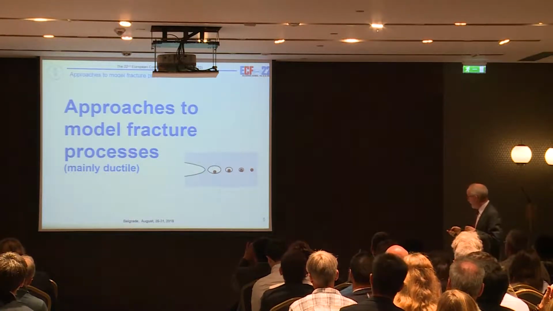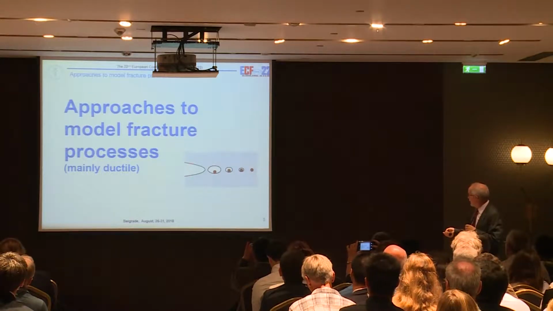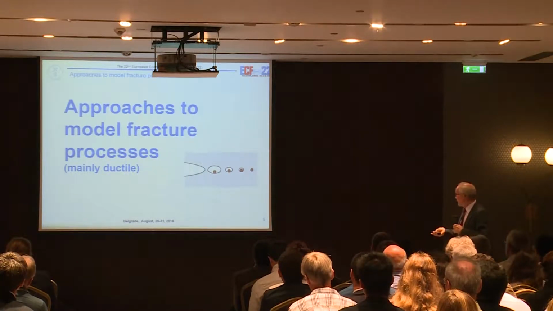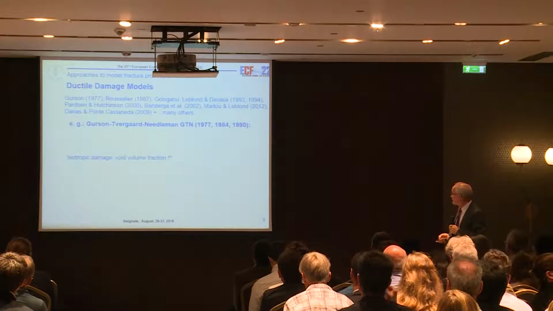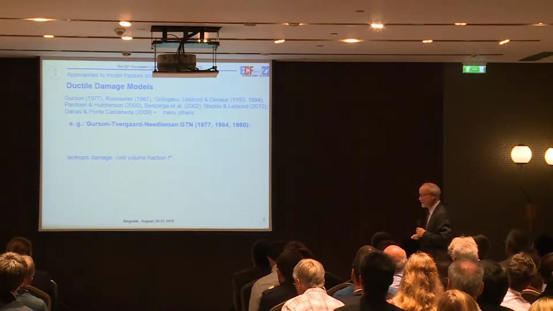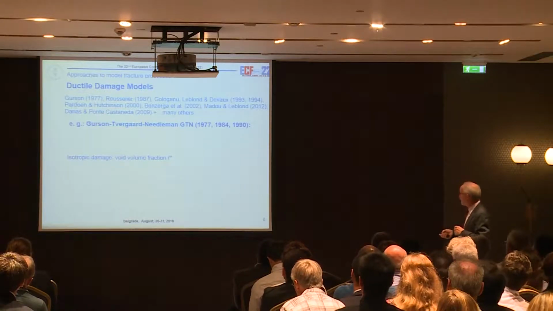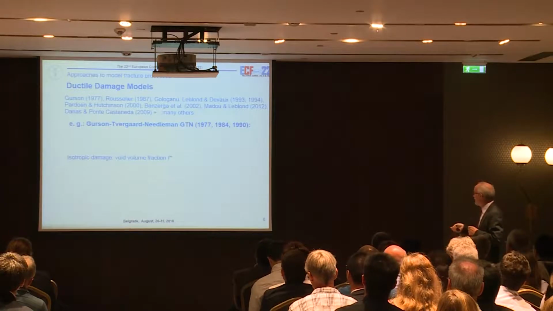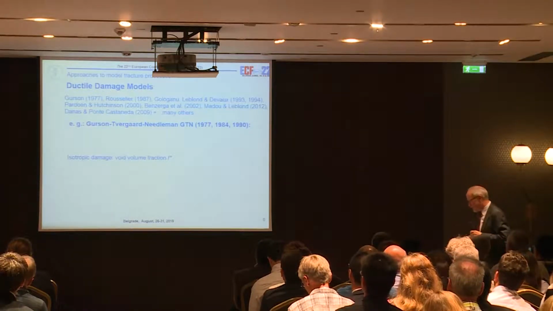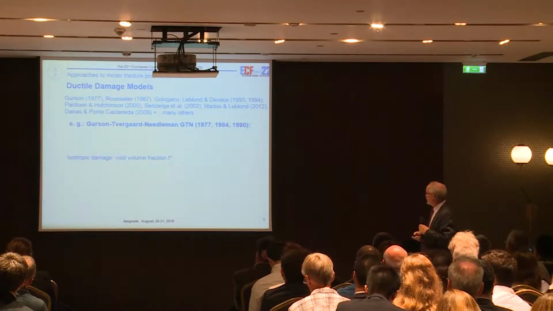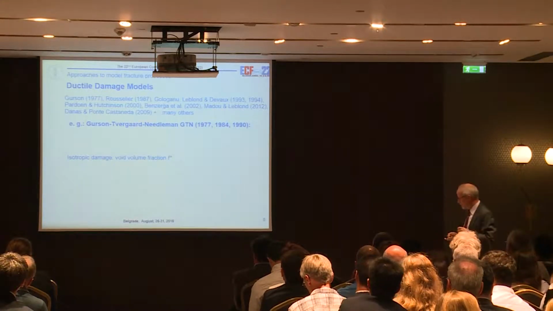We know it consists of formation of voids, growth of voids, and finally coalescence of voids to grow the crack in a ductile manner. There exists a whole zoo of ductile damage models, the well-known Gurson model, Rousselier model, and many extensions by these authors for non-spherical particles, for inclusions, for anisotropic material behavior, and so on and so on.